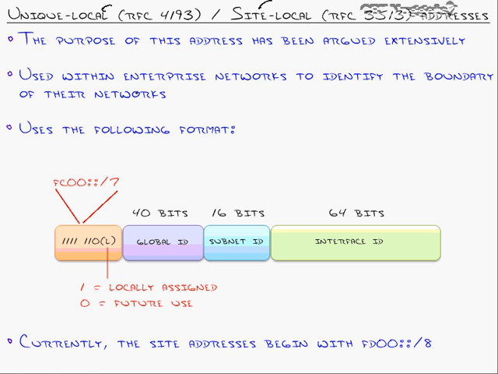They are used within enterprise networks to identify the boundary of their networks. So you can expect that these addresses will be relatable to the private addresses of IP version 4, the 10 range, 192.168, all of that. This is kind of the same thing. Now, as it is specified in the RFC, they will use the following format.